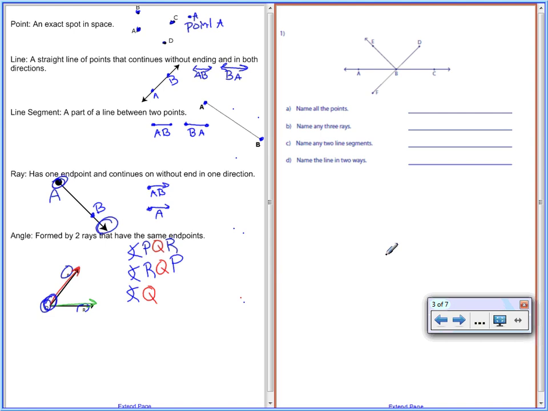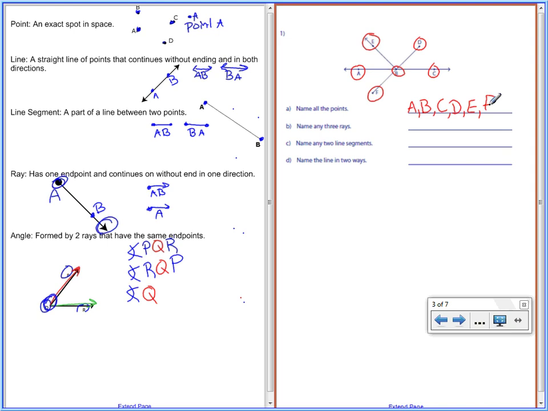The first question says, name all the points. Well, you got a point A, you got a point B, you got a point C, you got a point D, you got a point E, and you got a point F.